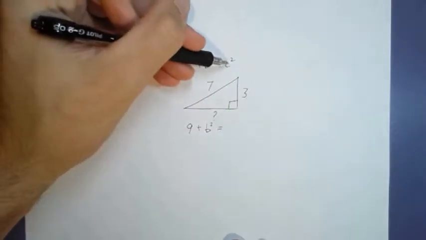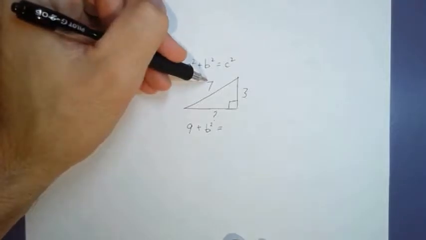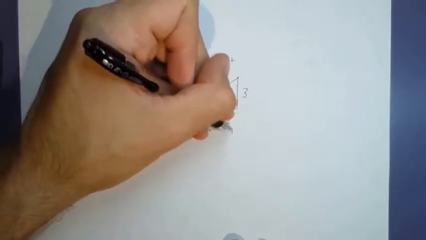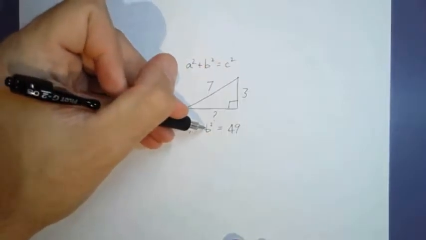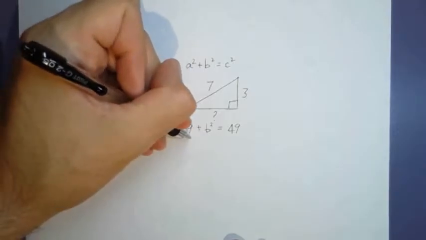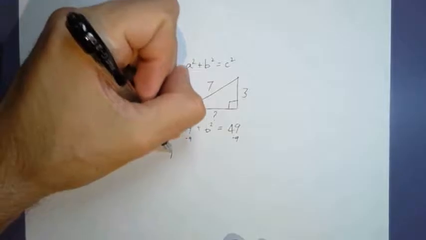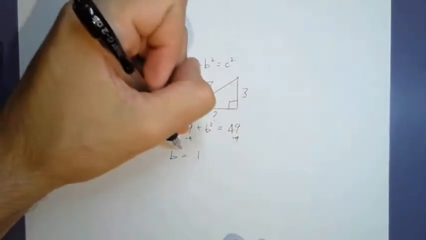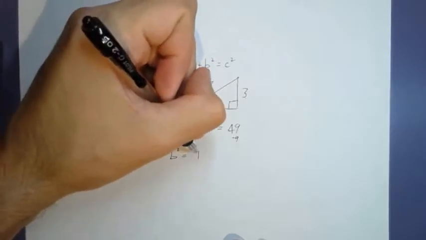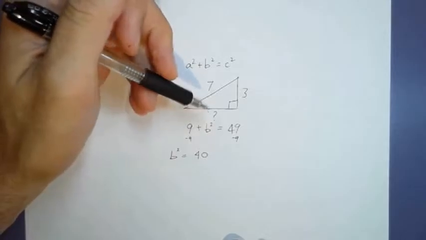And this is equal to our hypotenuse squared, so c squared, 7 squared is 49. To isolate our b squared, we need to subtract 9 from both sides. So b squared is equal to 40. 49 minus 9 is 40.